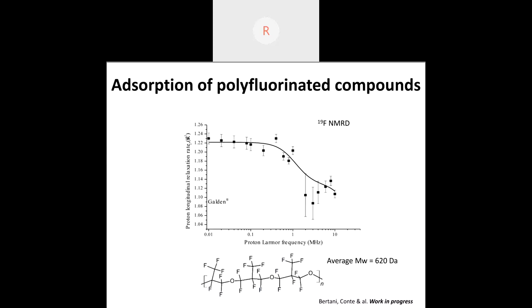Maybe especially the Italian people that are following this webinar know that in Italy there is a very big problem in the northeast of our country that is related to the so-called PFAS, which are organic pollutants containing fluorine. These are really present everywhere, and even the water is not drinkable at all.